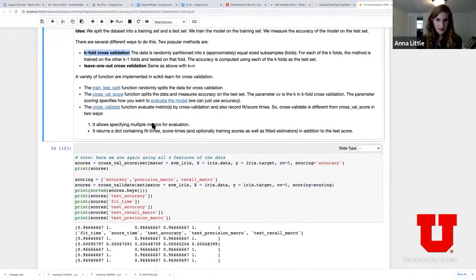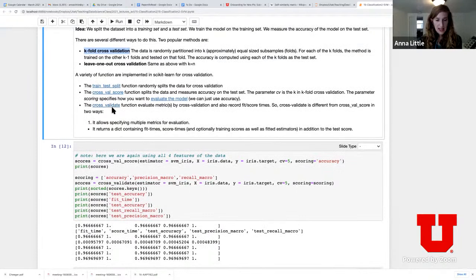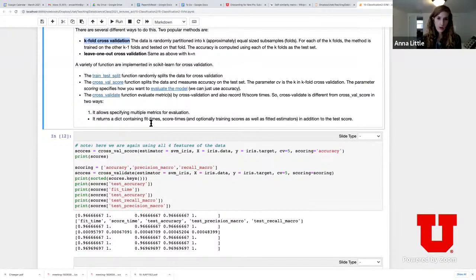The cross-validate function is also a little bit more general, so you can use this too. The basic difference from cross-val score is that you can keep track of multiple metrics for evaluation. Maybe you want to keep track of both accuracy and your F1 score, or some other metrics.